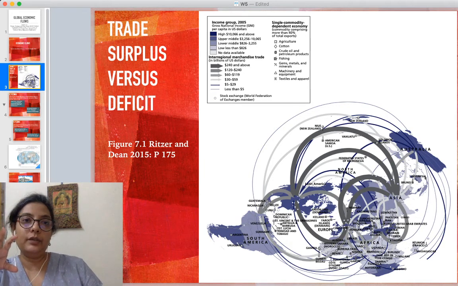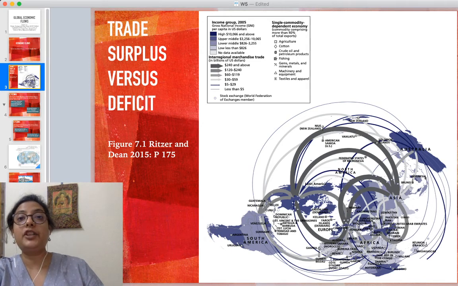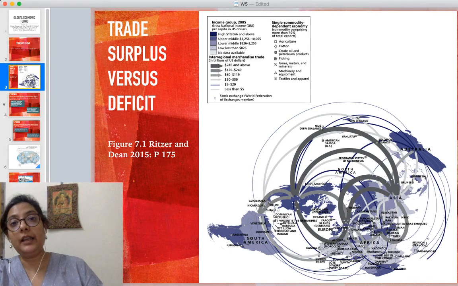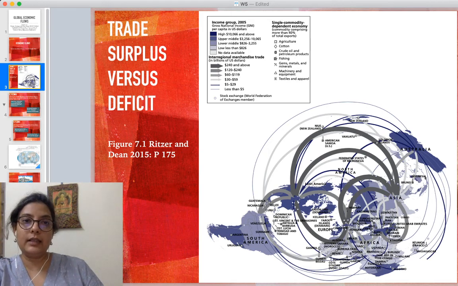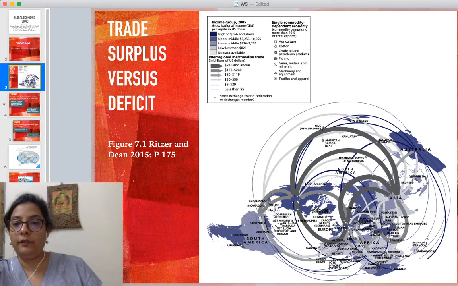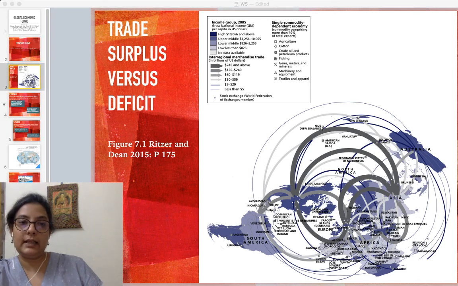We are going to see the distinction between a trade surplus and a trade deficit. A country with a trade surplus would be one where the value or volume of their exports is much higher than what they are importing into the country from outside. Ritzer and Dean give us the example of China as one such country.